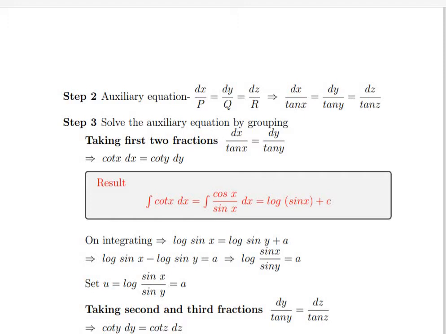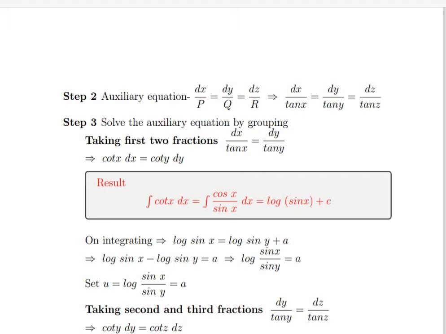Now we have to solve this auxiliary equation to get the solution. For that purpose, we will consider the first two fractions first, that is dx by tan x equal to dy by tan y. We know that 1 by tan x is cot x and 1 by tan y is cot y. So we can rewrite the equation as cot x dx equal to cot y dy.